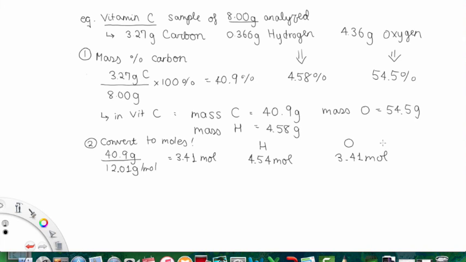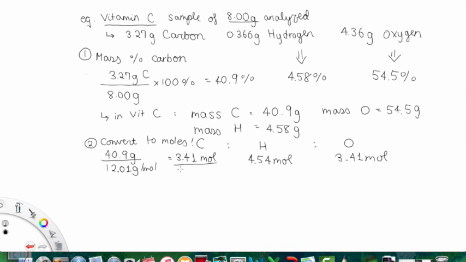Now since we need whole atoms, we divide by the smallest value in order to get the ratio of carbon to hydrogen to oxygen. What's the lowest number of moles we have? 3.41, 4.54, 3.41. Obviously, it's 3.41.